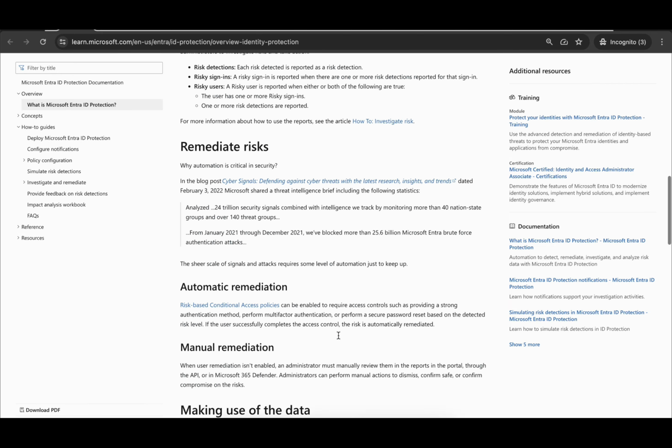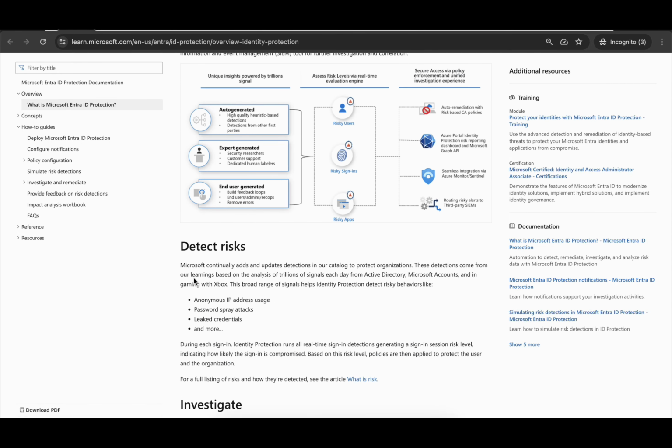Within this, they have clearly written: Microsoft continually adds and updates detections in our catalog to protect organizations. These detections come from learning based on the analysis of trillions of signals each day from Active Directory, Microsoft accounts, and in gaming with Xbox. This broad range of signals helps Identity Protection detect risky behaviors like anonymous IP address usage. So this is what we are talking about.